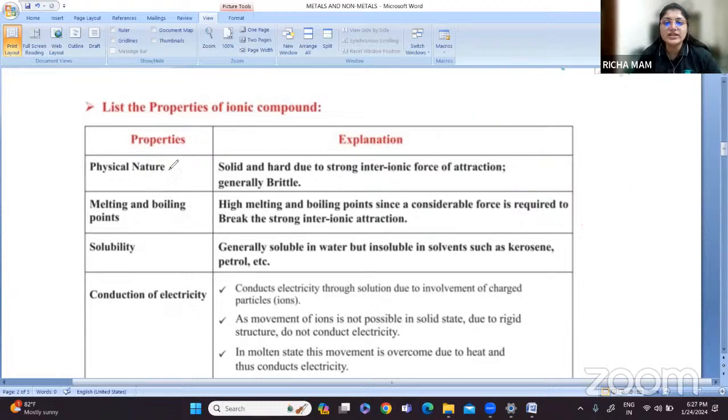Next, what are the physical properties of ionic compounds? They are solid and they are hard. Why? Due to the interionic forces of attraction.